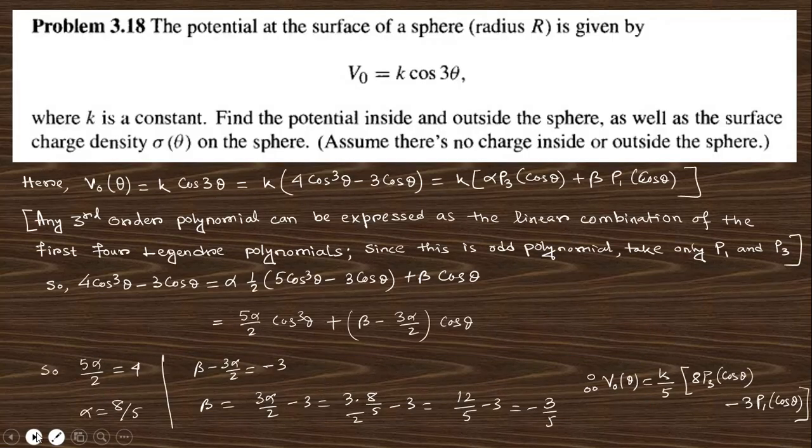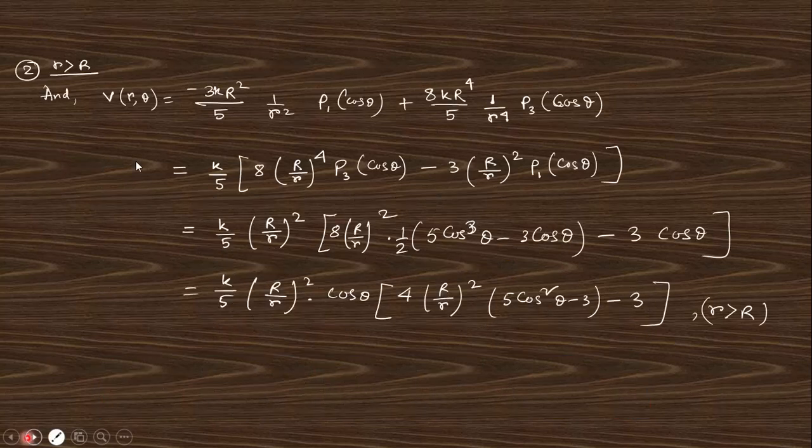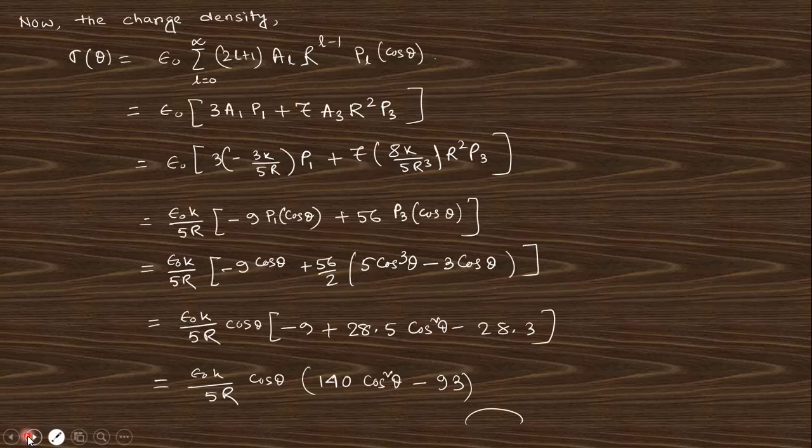Just put in this value of A_l, because we got the value of A_l, and you will get this expression in case of inside. In case of outside, put the similar B_l value, you will get this expression, and the corresponding surface charge density will be like that. Just go through the expression and do the calculation, you will get this result.